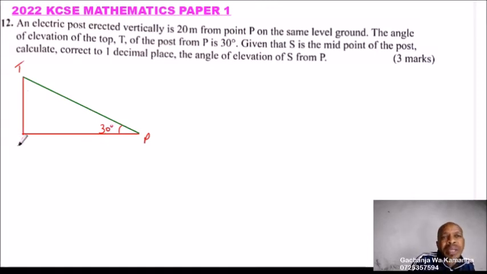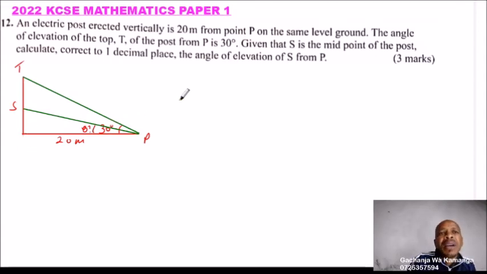We are told that this is 20 meters. We are also required to find the angle of elevation at point S, which is the midpoint of the post. So this is the angle that we are required to find.